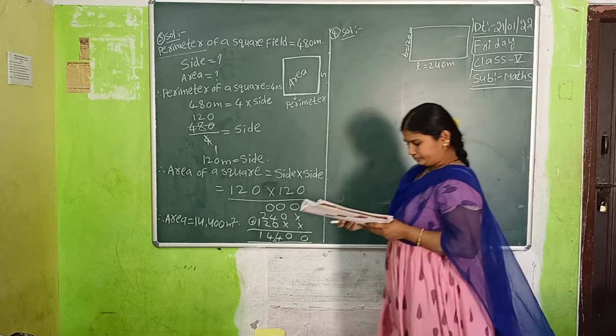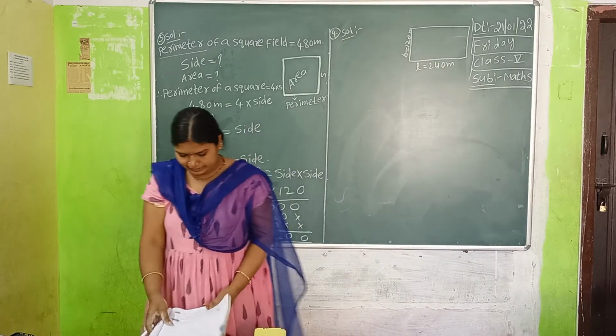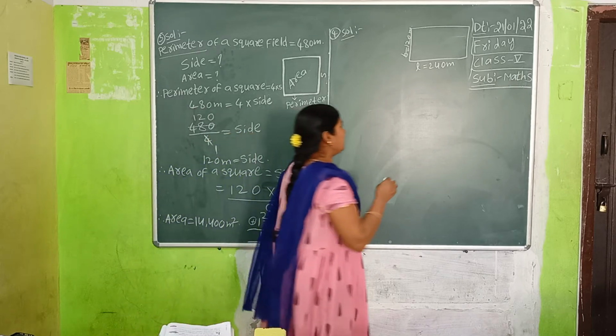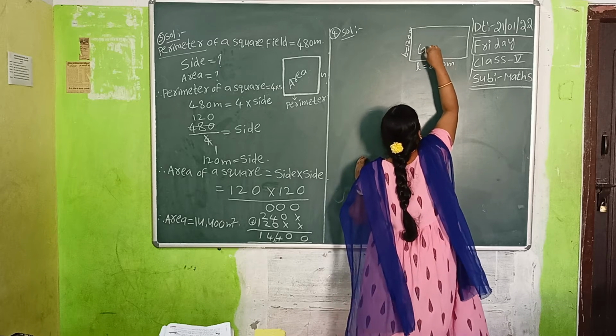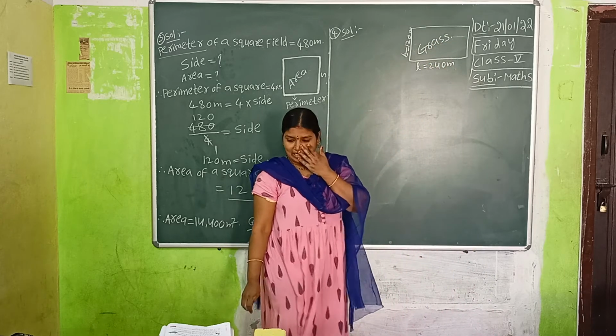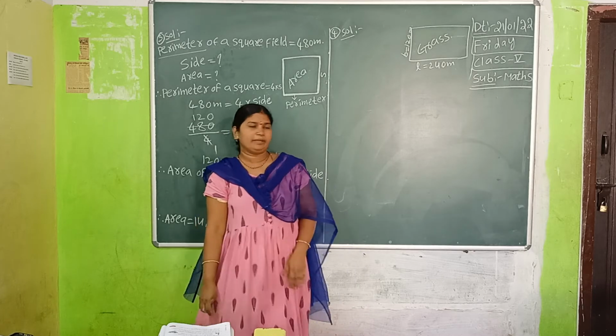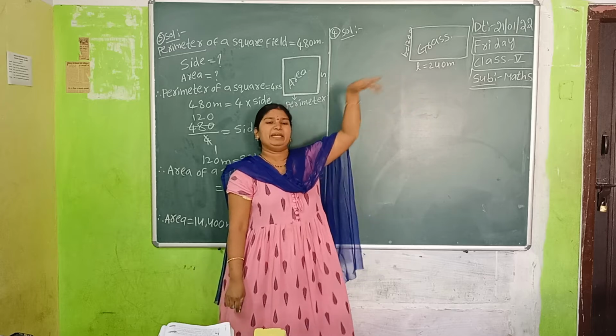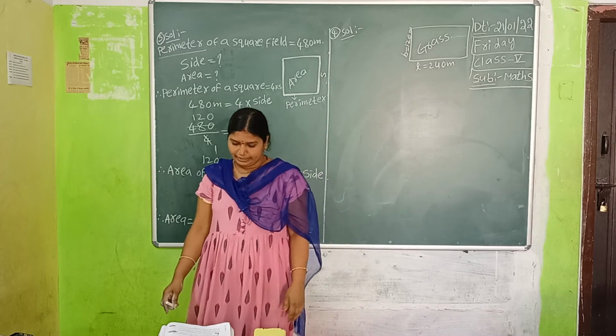Okay. Now they are telling the cost of mowing the grass. Mowing the grass means inside they want to fill up the grass. Where does he want to fill up the grass? Inside. Okay. Inside means what you have to find out? Area or perimeter? Tell me.